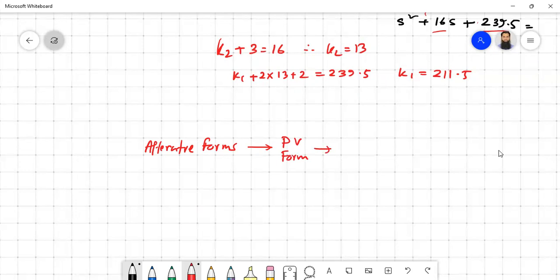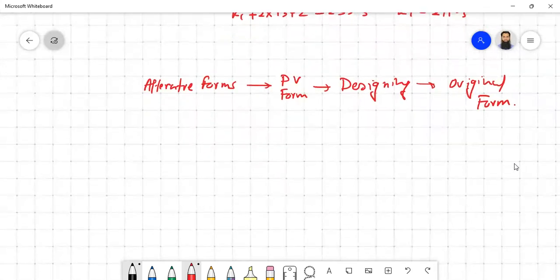Then we do the designing. Then we revert it back to the original form. Okay, so this is the second technique. For that one, we need to do a bit of formulation first, then we'll go with one example.